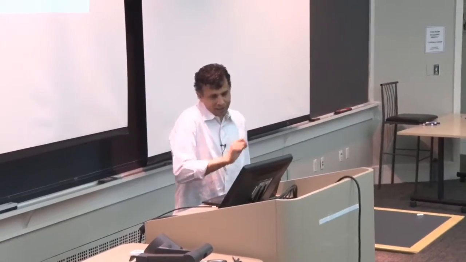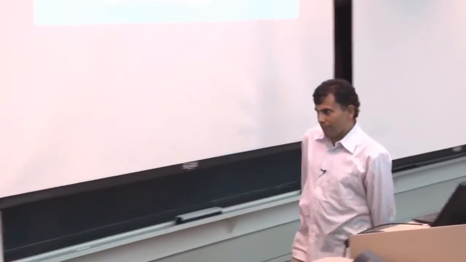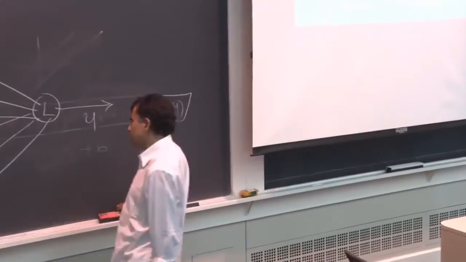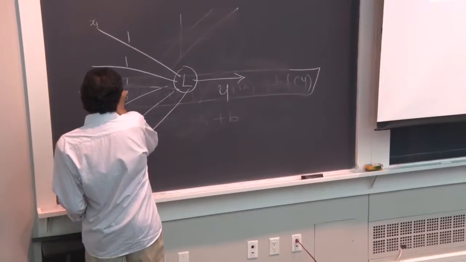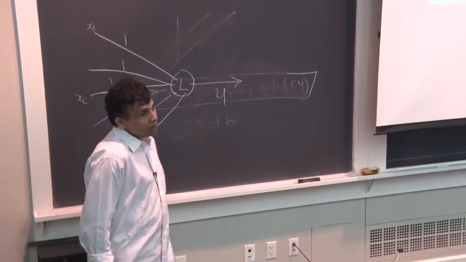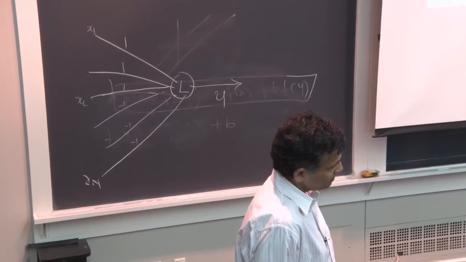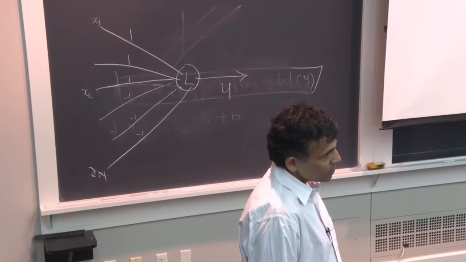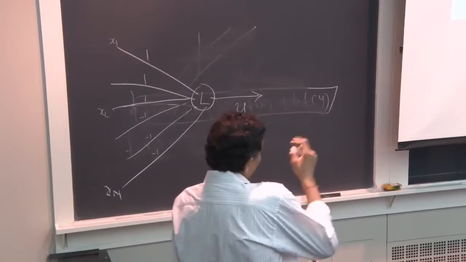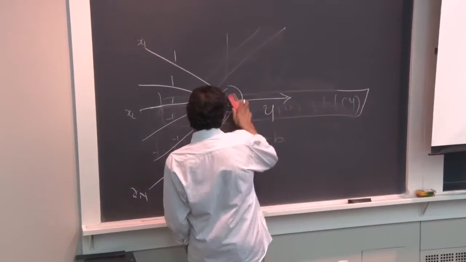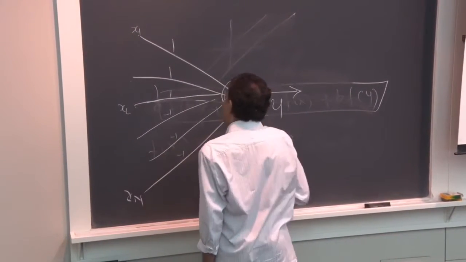Okay. So here's another one, right? I have the same structure. I want the unit to fire if any of the first L inputs are 1, or if any of the subsequent inputs are 0. Right? So can I do that? I claim that I can do this with a threshold of L minus n plus 1. Why would that be?